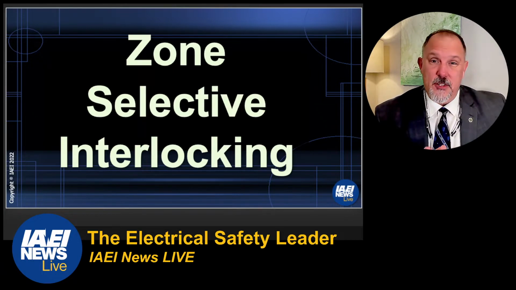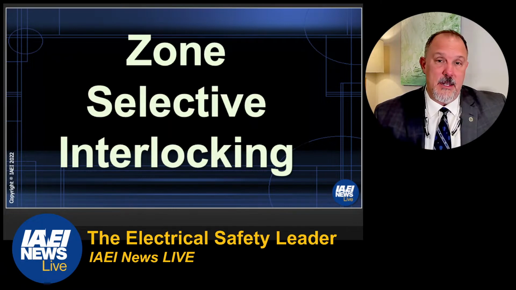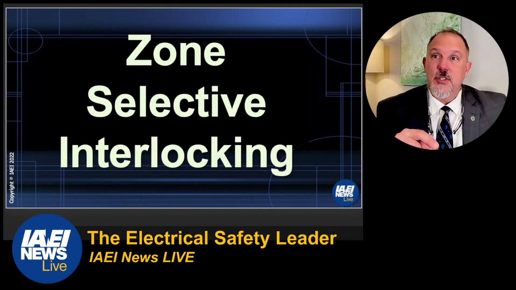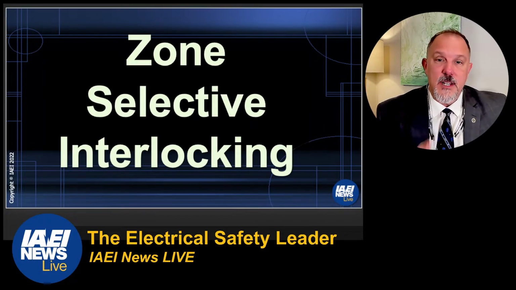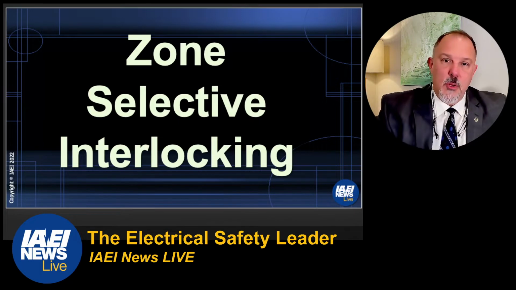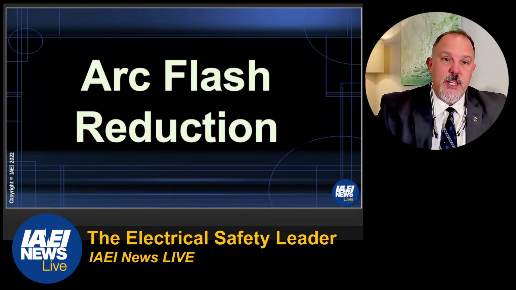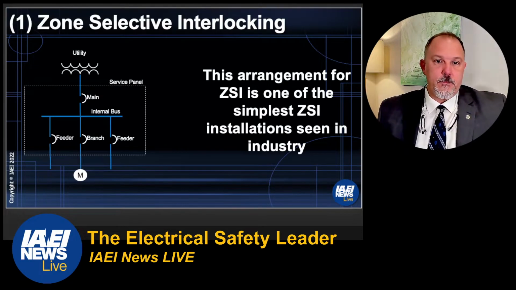I mean, we knew what an arc flash was, but we didn't have a way to calculate those values at this time. So it wasn't until 2002 that document came out that helped us quantify that, but everybody was talking about this. But zone selective interlocking was typically employed to reduce equipment damage.